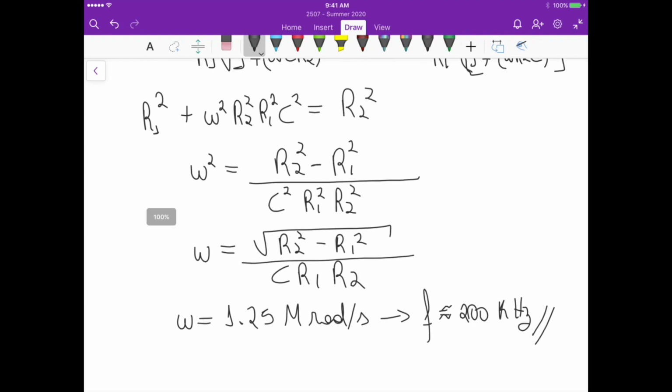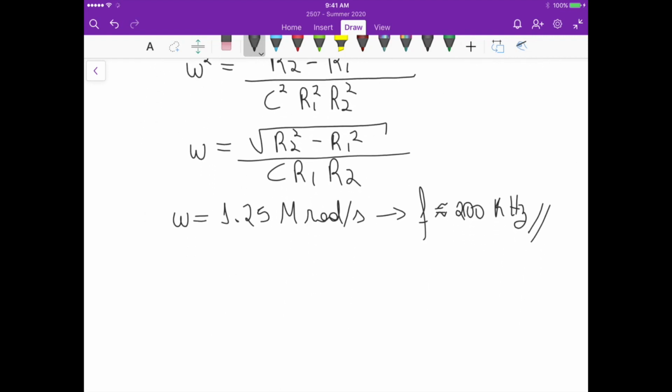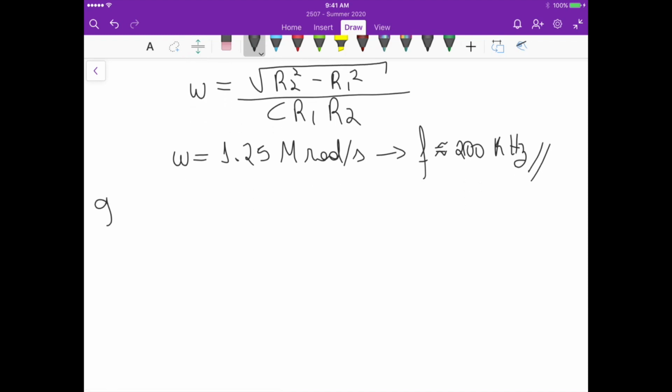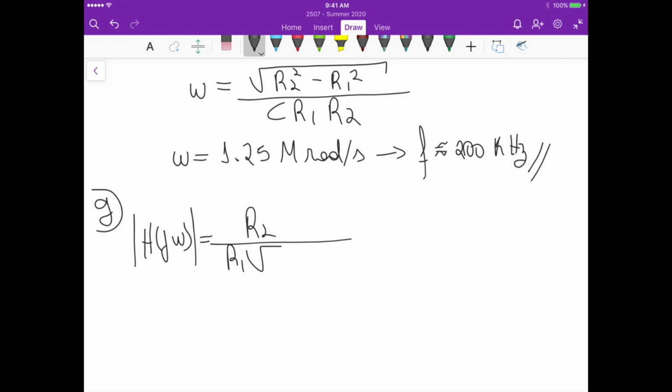Then the last part is just to plot the Bode plot. So I'll put part G here. Remember that for the magnitude of H of j omega, we have R2 divided by R1 times the square root of 1 plus (omega R2 C) squared.